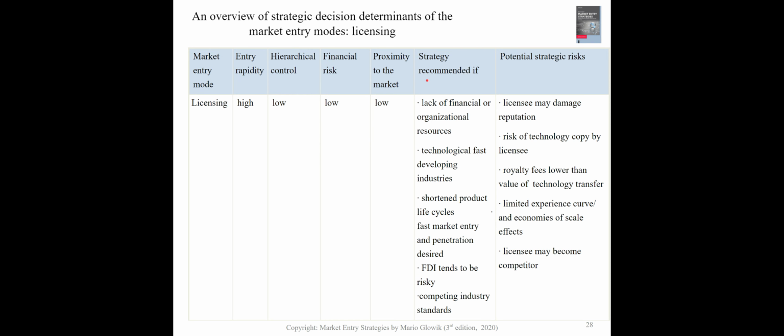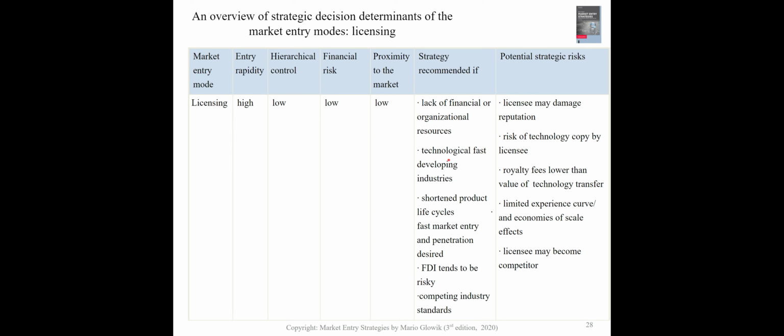So that strategy is recommended in case of lack of financial or organizational resources of our firm. We just sell the knowledge or the trademark, but we do not need to establish our own manufacturing operations abroad.